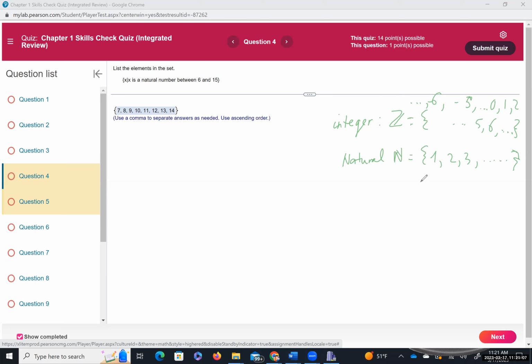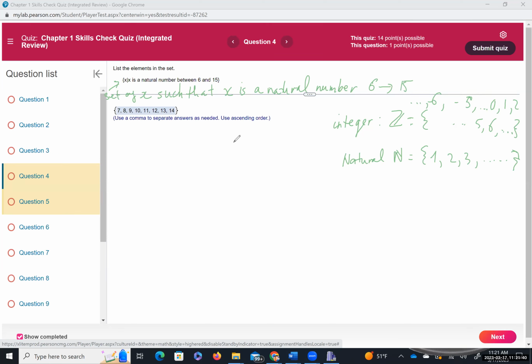Coming back to this one, we say the set, with the notation here, set of x such that x is a natural number between 6 and 15.